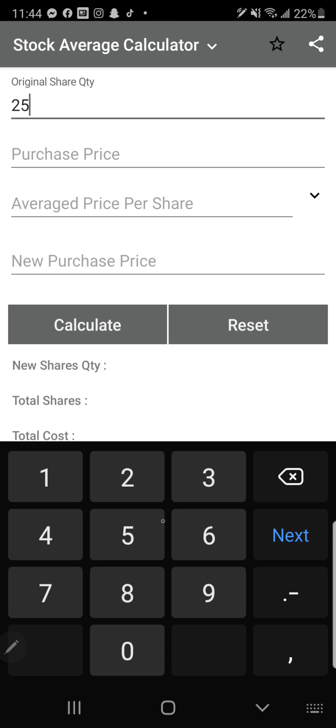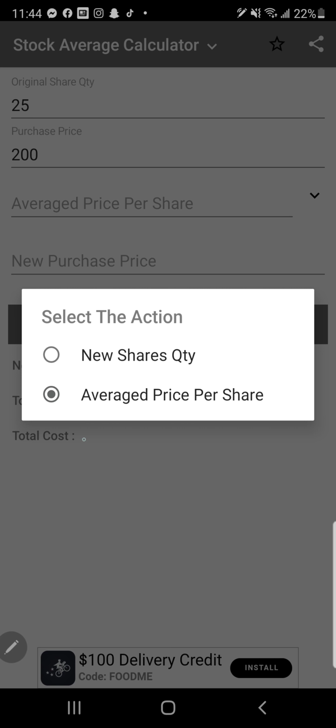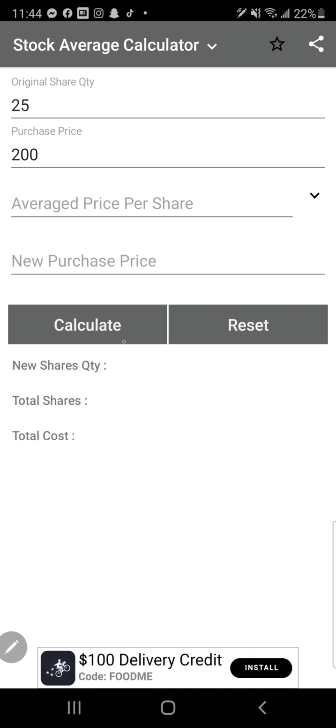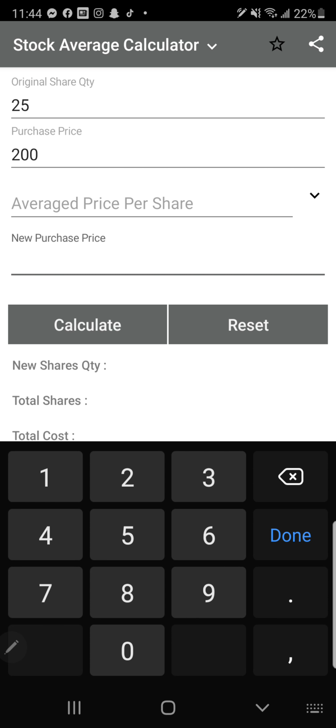So I want 25 shares, the average price maybe $200. You can enter either the average price per share or the new shares quantity. The new purchase price is going to be 250.